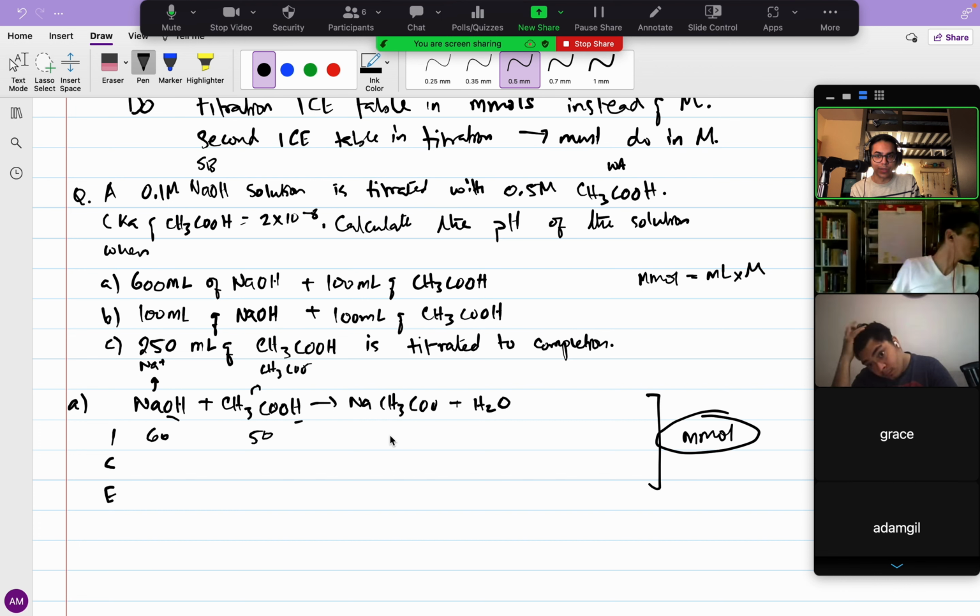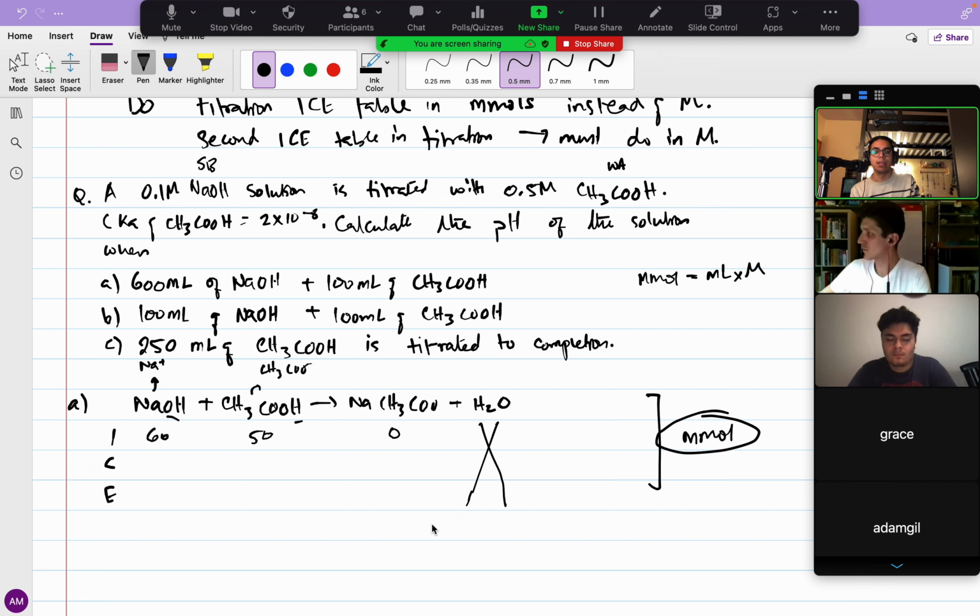What is its initial millimoles? Yep, in the beginning, the reaction hasn't taken place yet, so no salt has formed. Okay, good. Awesome. Still Alexandra. What is the limiting reactant here? The CH3COOH? Yes, so what would this row look like?